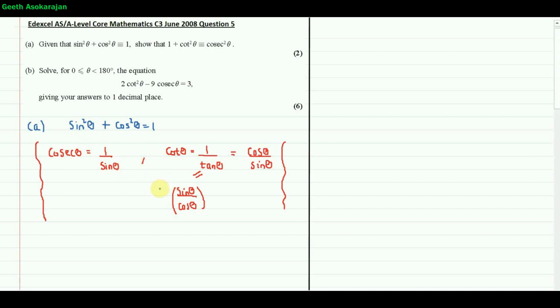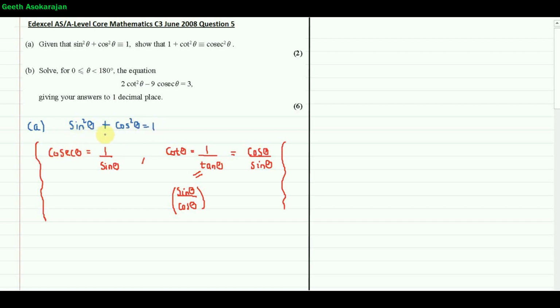I made these extra notes, especially this note over here, because if we divide through this identity by sine squared theta throughout, since cos over sine is cot, that would make cos squared over sine squared cot squared, and also 1 over sine is cosec.